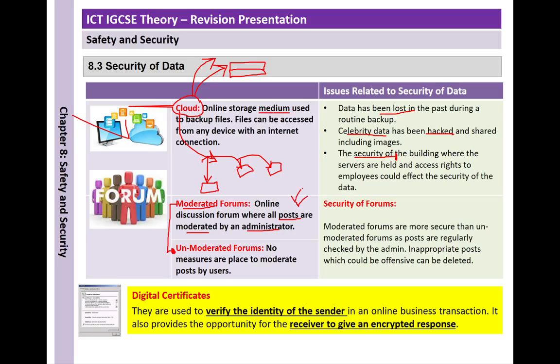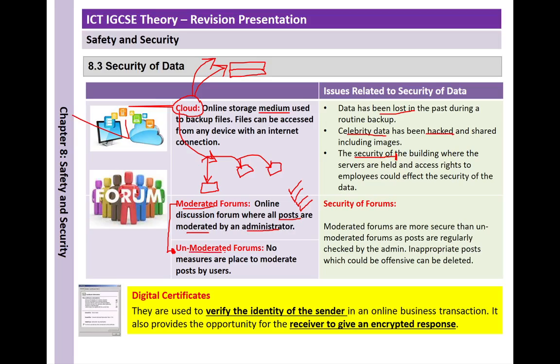You are not attacking someone else. You are not providing fake news or fake information. You are not providing inappropriate materials. And you are one of their, let's say, registered members. So moderated forums will always be trusted forums, or let's say secure forums.